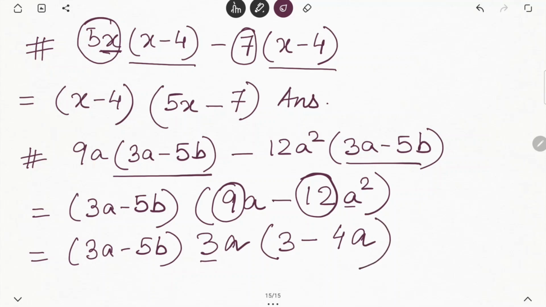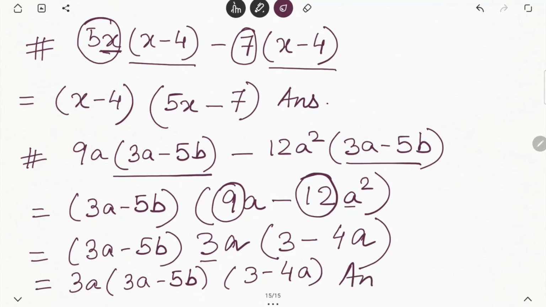Okay. So I have 3 minus 4a. So if I arrange this, I can write 3a into 3a minus 5b into 3 minus 4a. So if you multiply all these 3 factors, you will definitely get the original expression.